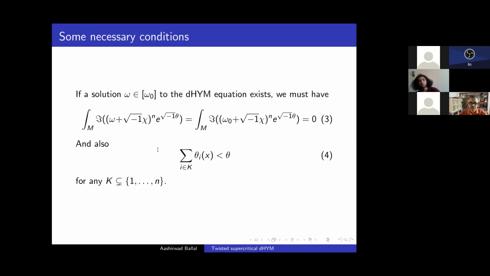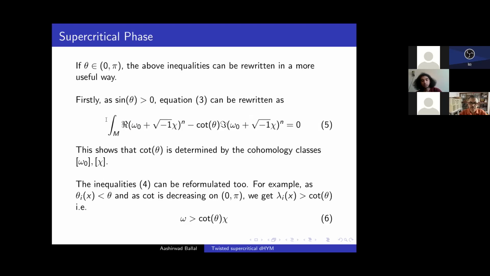If you expand this, you get the real part of omega into sine theta minus cos theta into the imaginary part of this thing, and you can divide throughout by sine theta as it's non-zero to get this equation, and this one will be more convenient to work with.